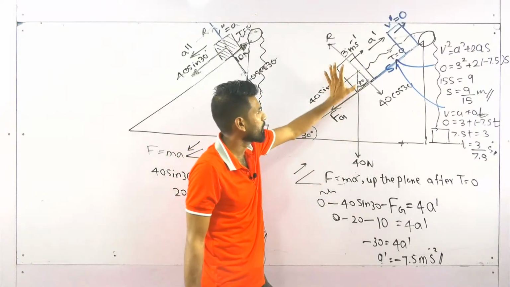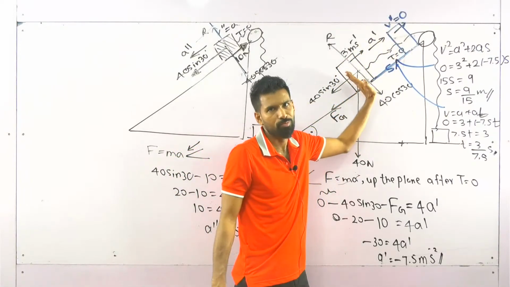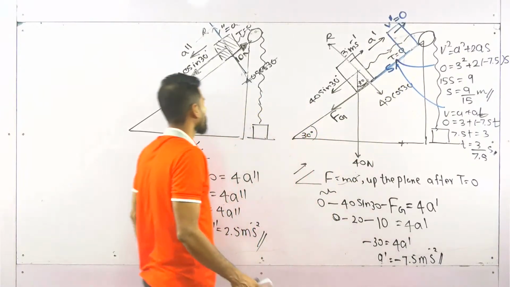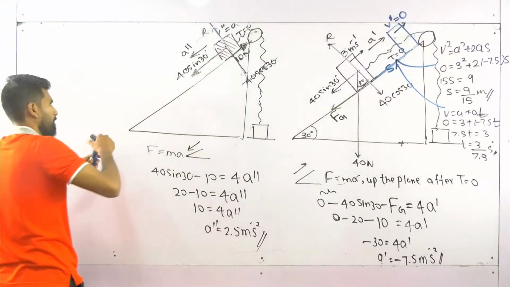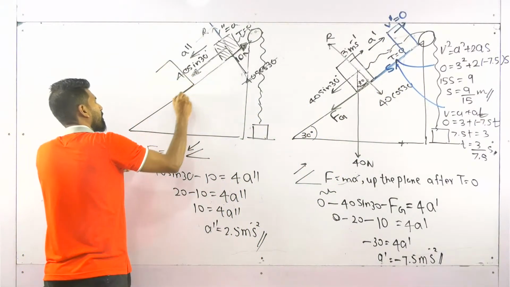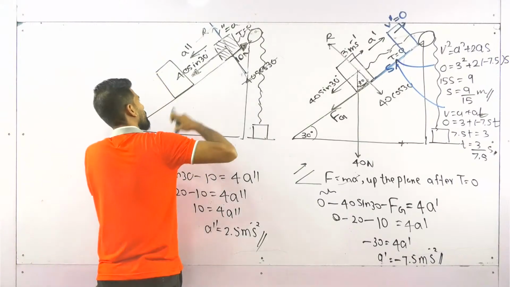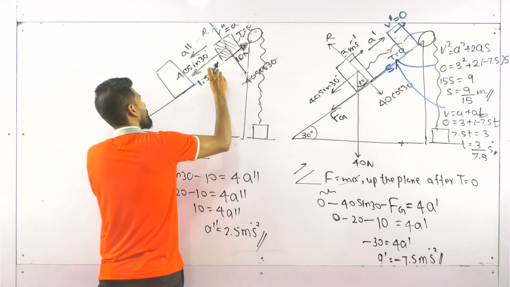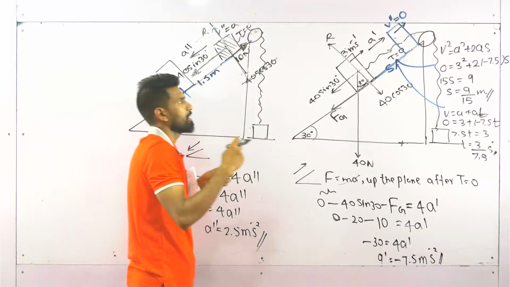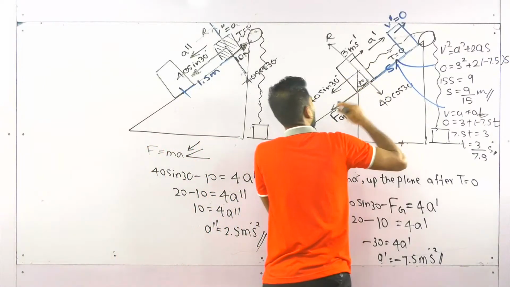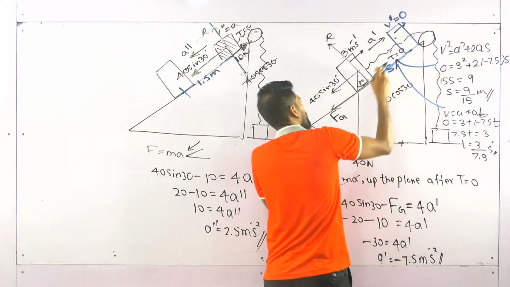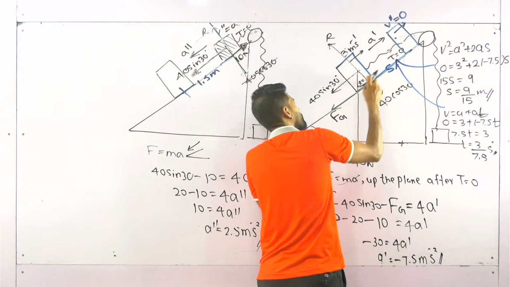So it's 1.5 meter up the plane from that special point. So it will come down for another 1.5 meter length. Then again, when it comes down for another 1.5 meter length, it will be in this position.